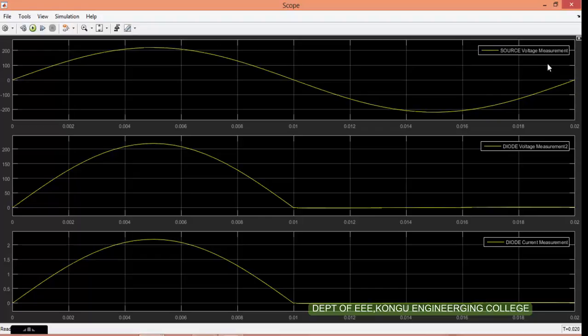Now you can see that for a single cycle, the diode only conducts for the positive cycle, and you don't have any negative cycle.